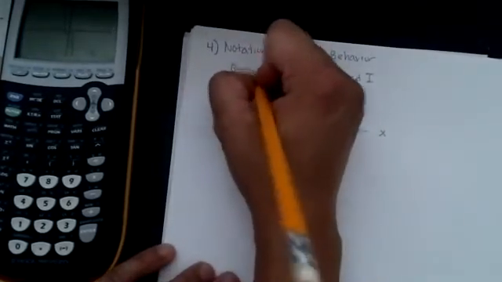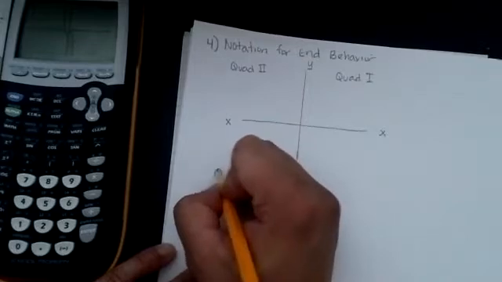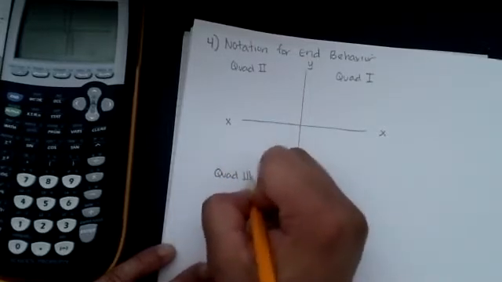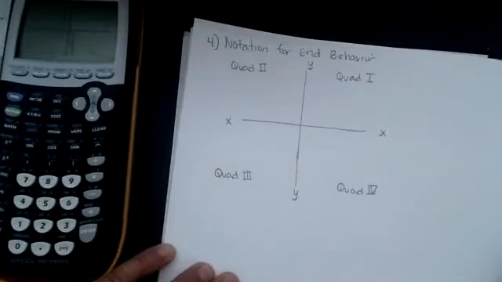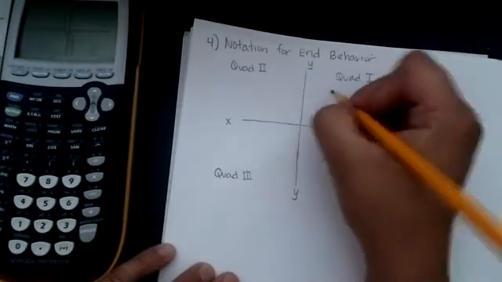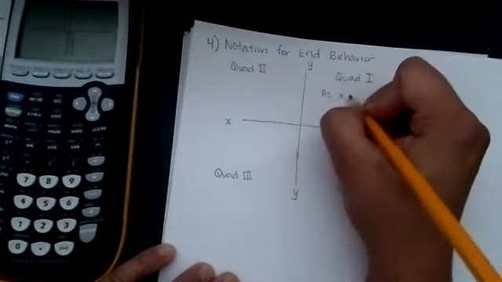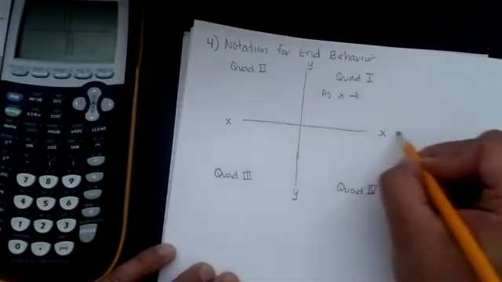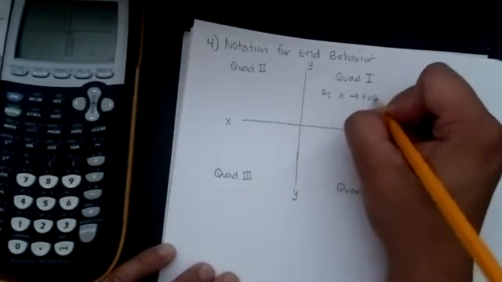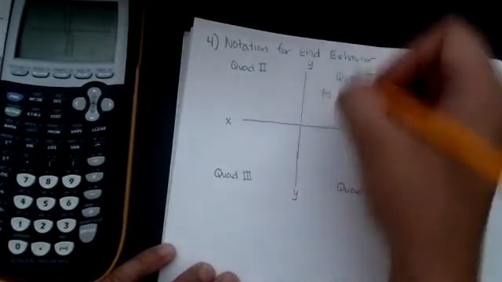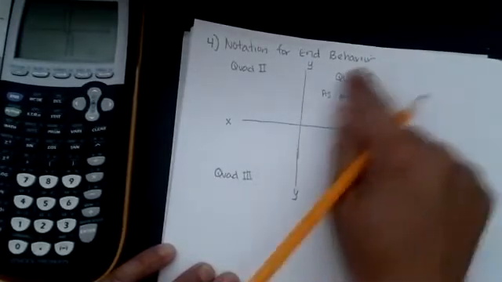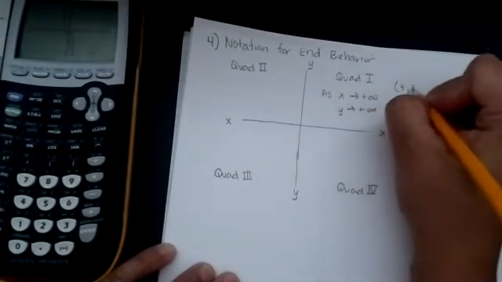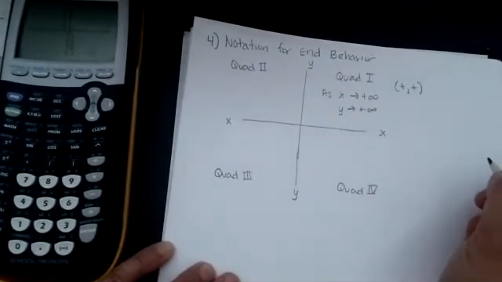This is quadrant 2. This is quadrant 3. This is quadrant 4. In quadrant 1, as x is going to positive infinity, the y is going to positive infinity, which in quadrant 1, the coordinates are positive and positive.